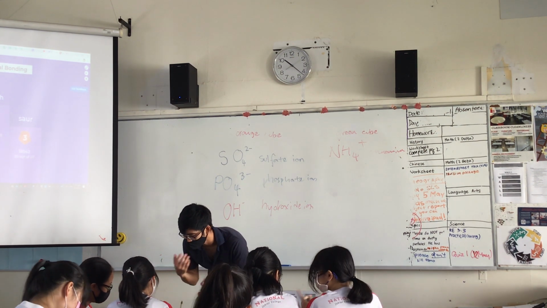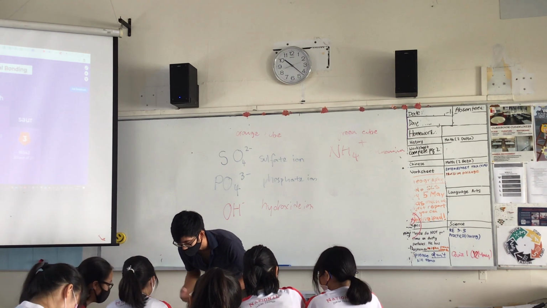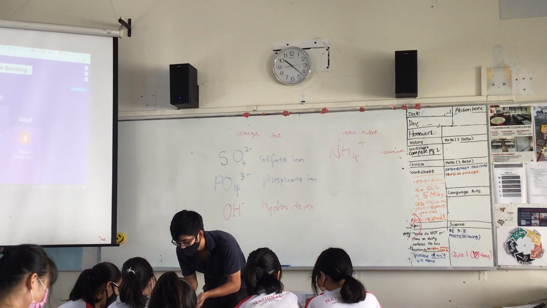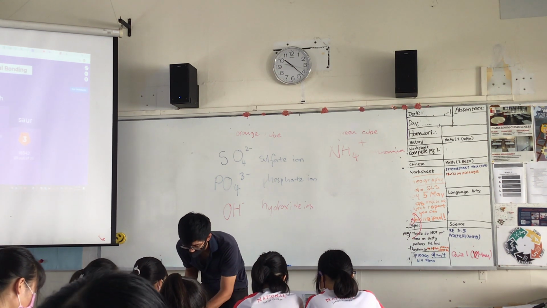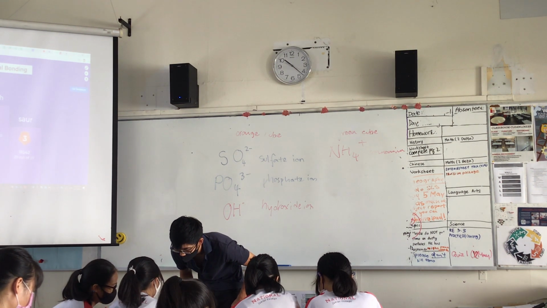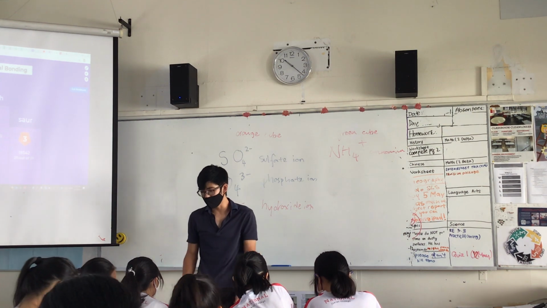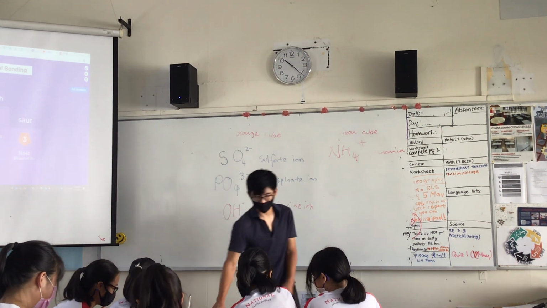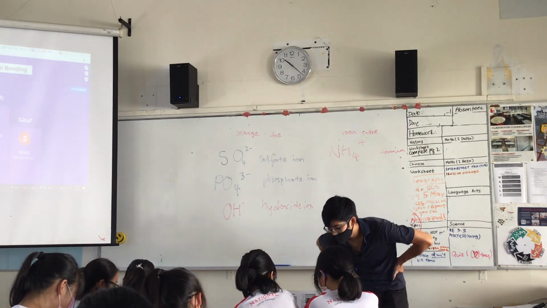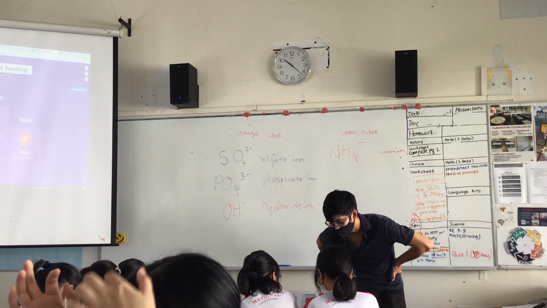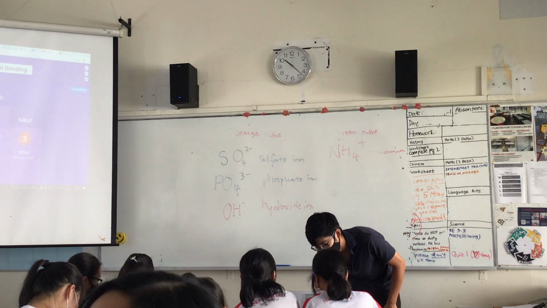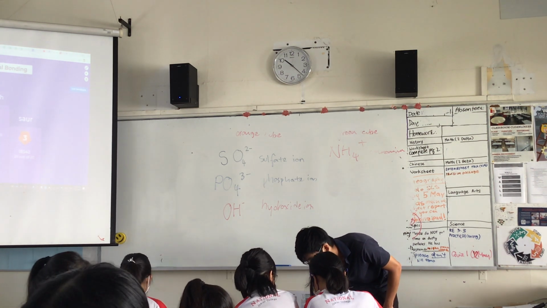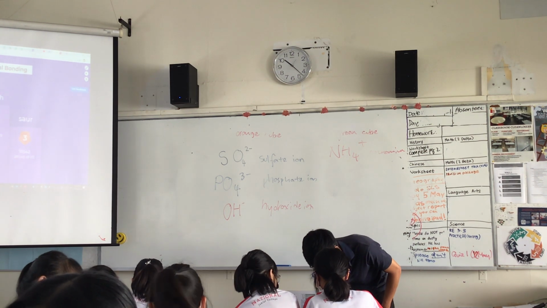What's this? Zinc hydroxide. Oh, I know. Oh my god, I need magnesium nitride. It doesn't count. No, it doesn't count. You need actually phosphate.